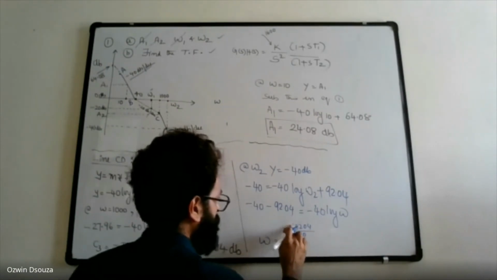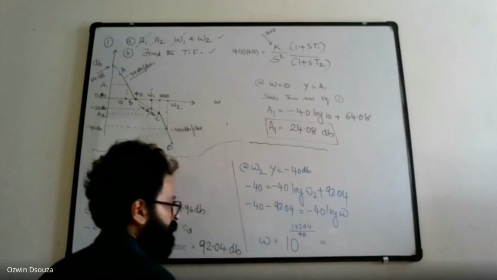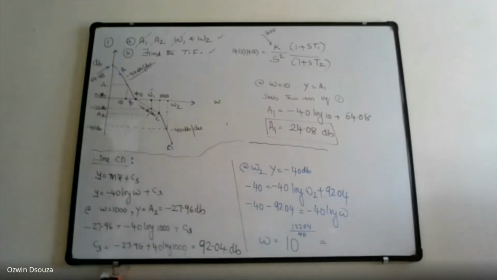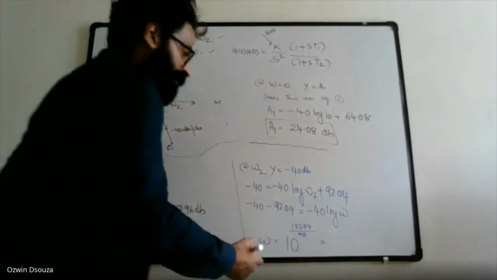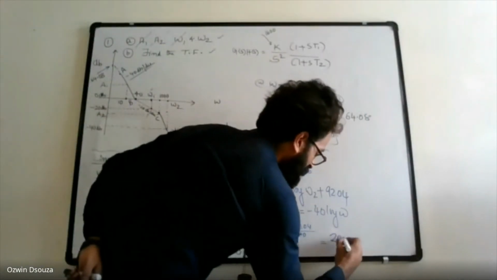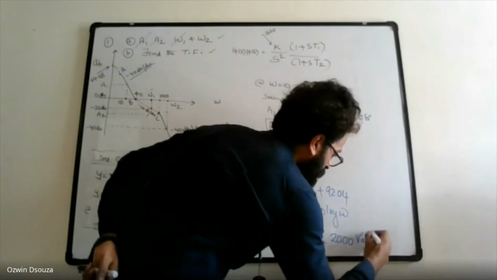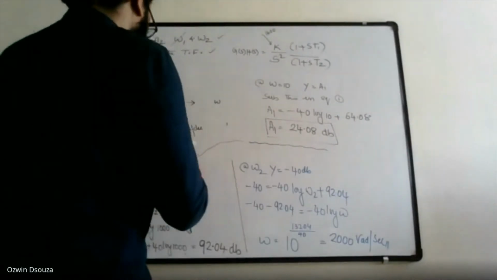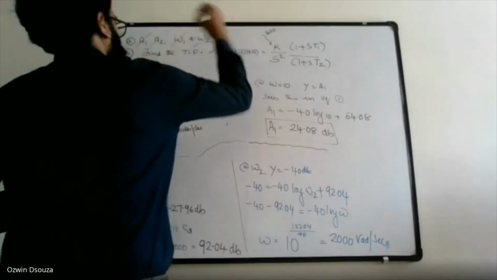So basically you will get a positive ratio and find out what is omega. So omega, you will get something like 2000 radian per second. It is 1,999 or approximately 2000 radian per second. Okay. So you have found omega 2.